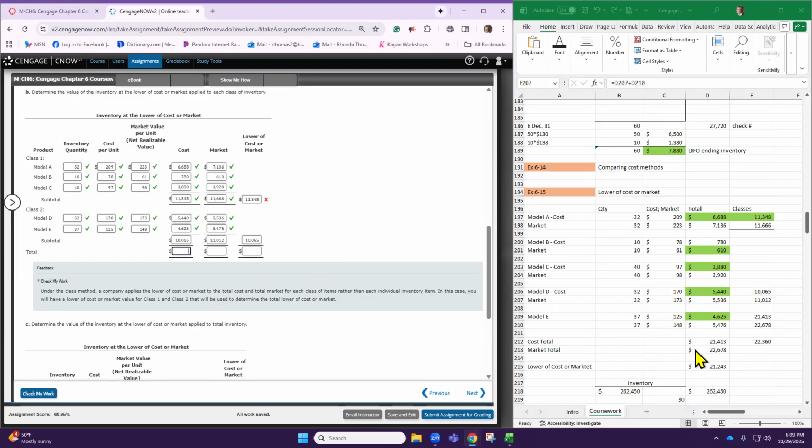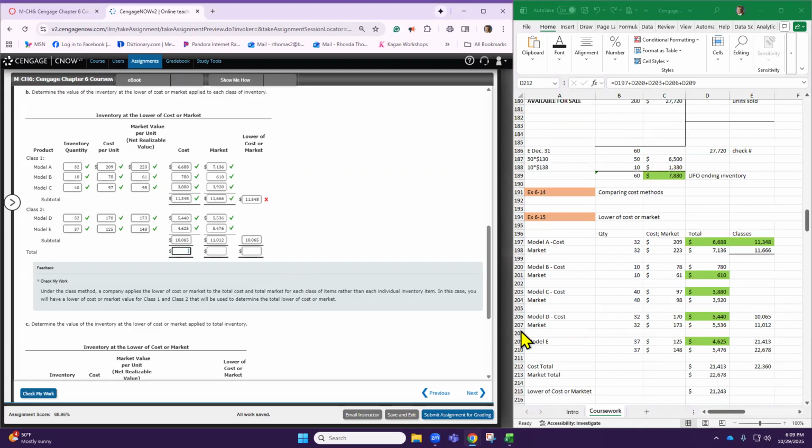Cost. Okay, so the total cost is what we have here, 21,413, I believe. Let me just see. It's just trying to show you, and I keep this in wrong.